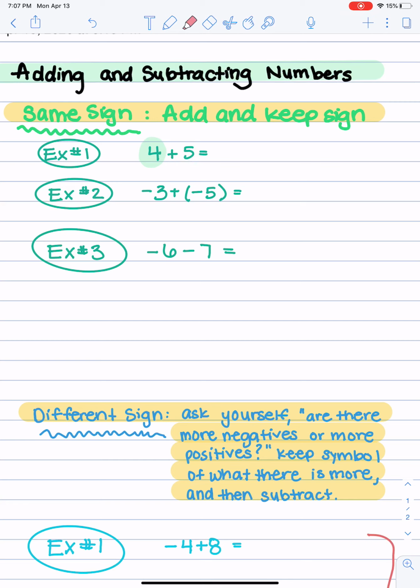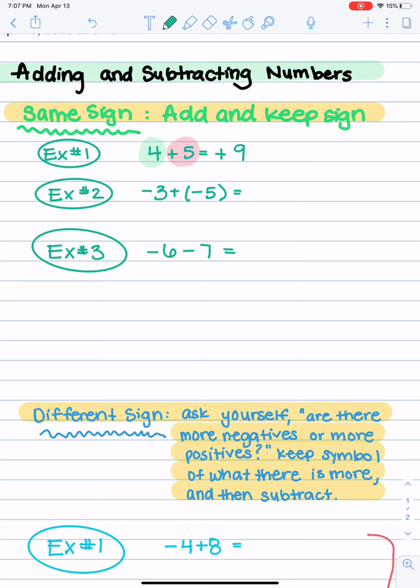Well, it's positive because there's a plus in front of it. So they're the same sign, positive 4, positive 5, so I'm going to add them. 4 plus 5 is 9, and I keep the sign, so it's going to be positive 9.